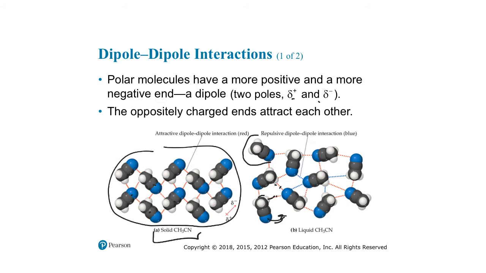And if we want to boil these substances, we have to break these intermolecular forces in order to boil a substance like CH3CN. So in a solid, the atoms are still moving. They're never motionless. If you go down to 0 Kelvin, then perhaps at that temperature the atoms would be in very slow motion or almost no motion at all. At room temperature, or whatever temperature above 0 Kelvin, CH3CN is still a solid.